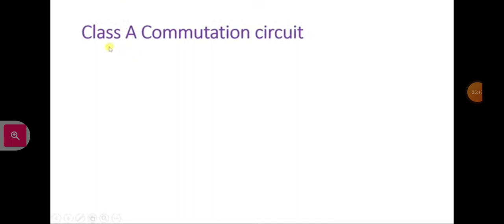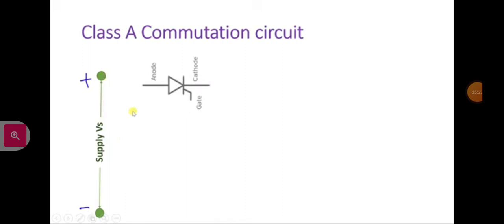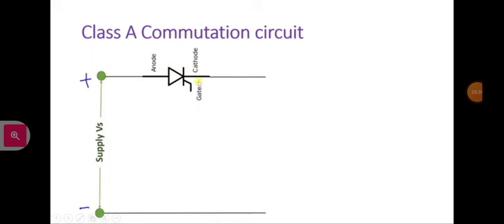So first of all, let us see the circuit which is there with class A commutation. When we talk about the circuit, here we have supply Vs and this is a DC supply. So plus and minus DC voltage is what we are connecting with this SCR. You can see the connection is given like this, and at the load we have an RLC circuit. So this is an inductor, resistor and capacitor series connection that I have connected.